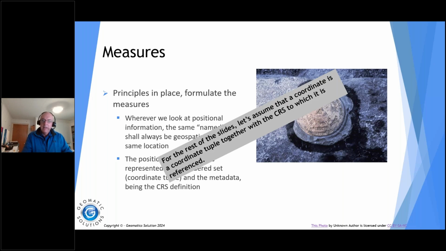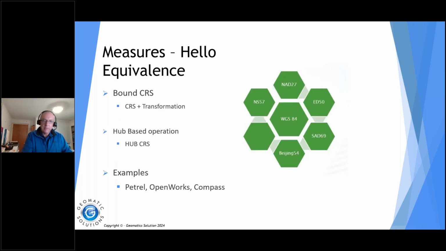All right. Now, being able to do things with this produces another problem, and I call that equivalence. Because if we have coordinates that are the same, they represent the same point on the Earth. How are we going to compare these? What do we do?